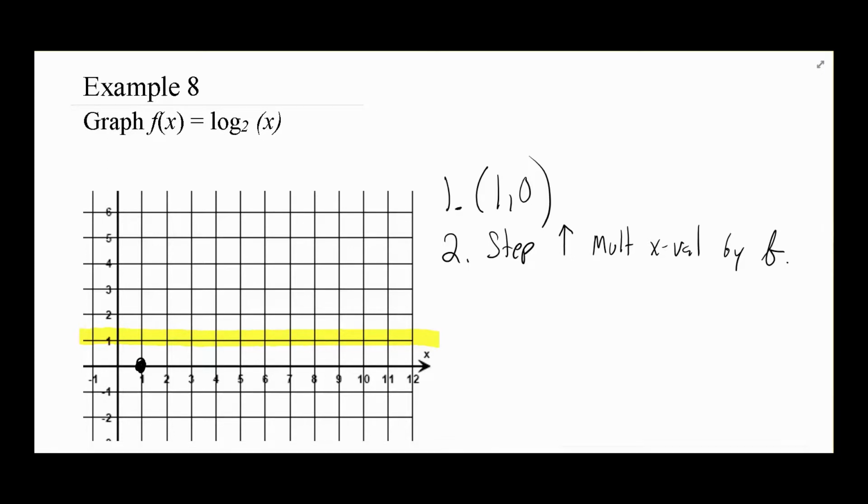To figure out what value we get, we're going to take the old x value of 1 and multiply by our base, which is 2. So that means that my x value becomes 2. Now if I want to take another step up, I'm going to take my old x value of 2, and multiply by 2 again. That gets me 4.